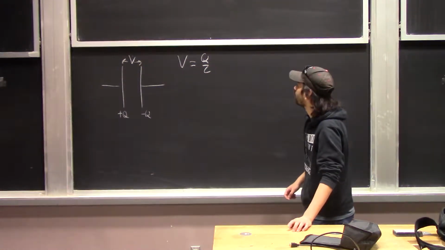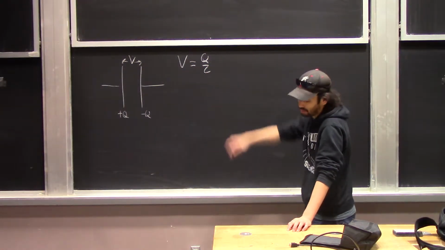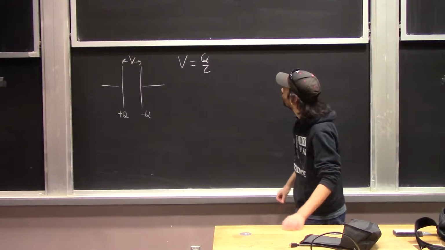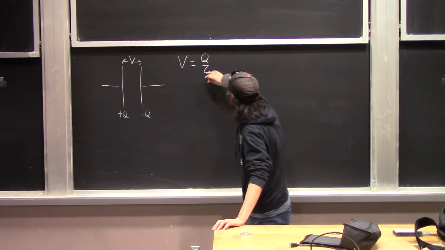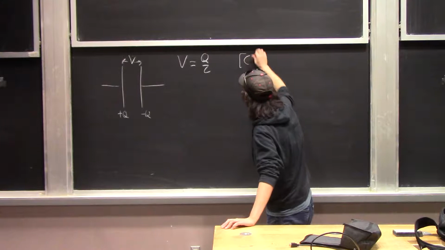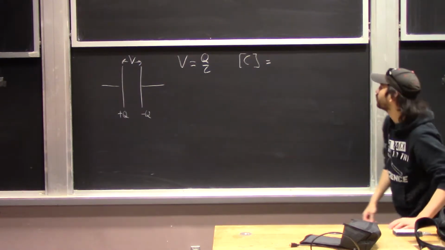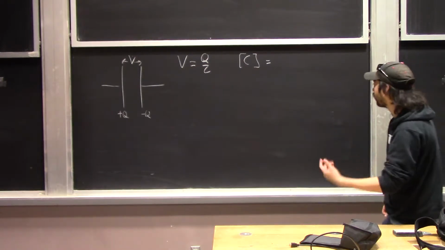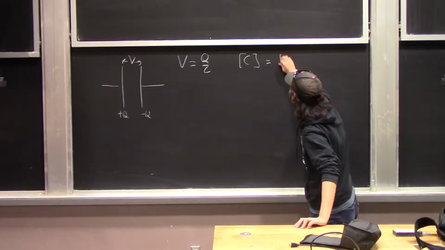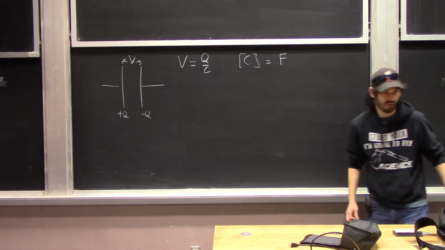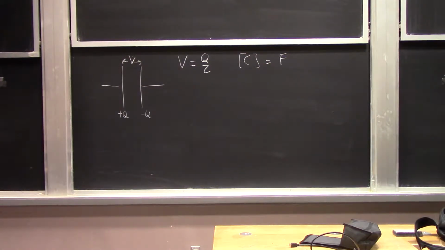Now we know that V we can measure in volts, Q is in units of coulombs, and C is in units of what is called farads. Typically these are very small numbers, and so you'll talk about things like microfarads or nanofarads, but we give this the letter F to denote that it's a farad.